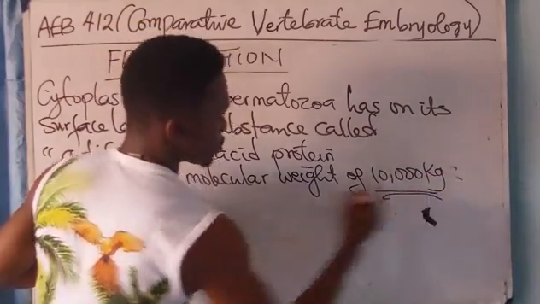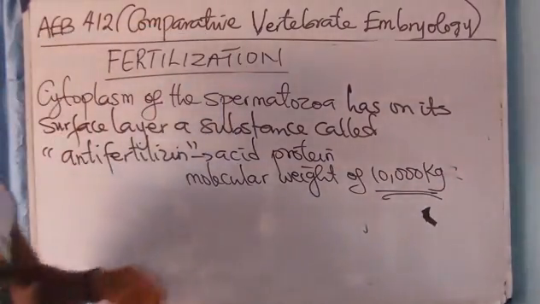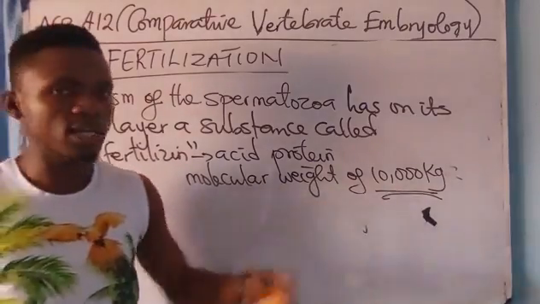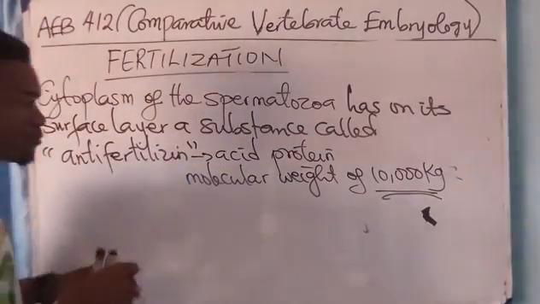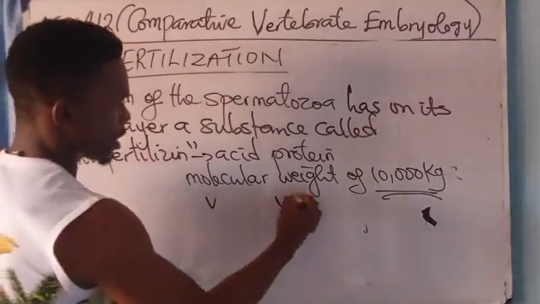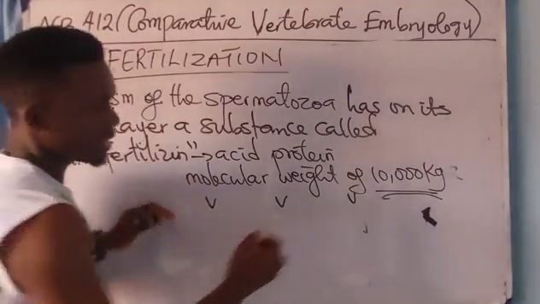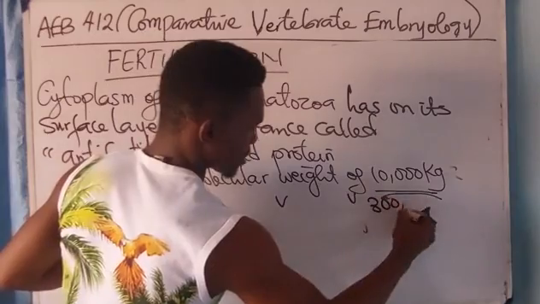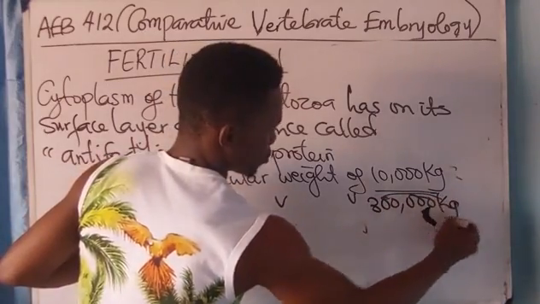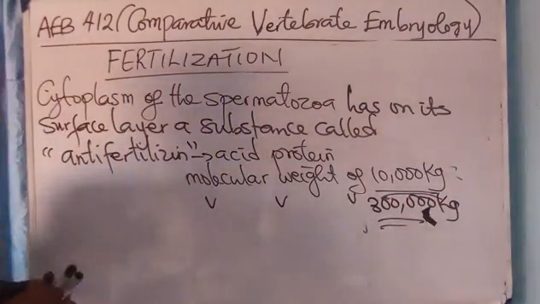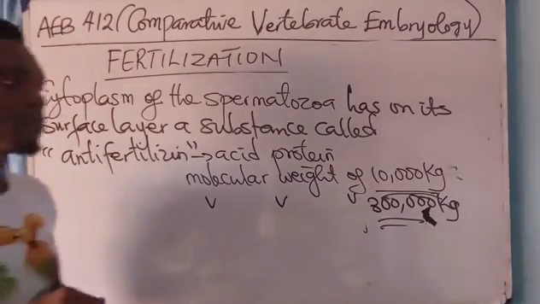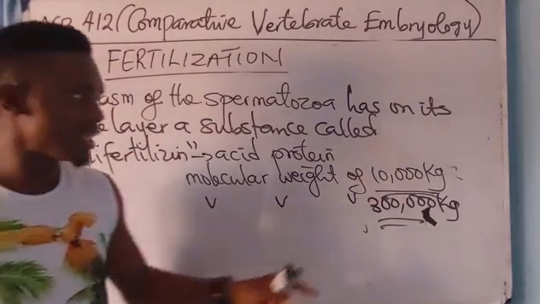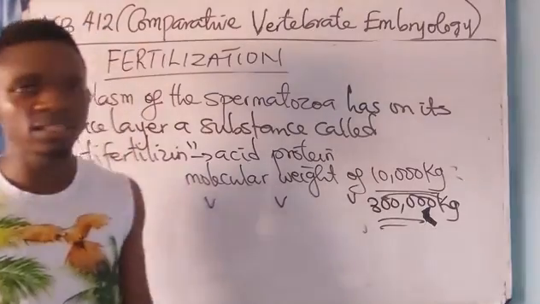So the weight of anti-fertilizin is 10,000. And the molecular weight of fertilizin is 300,000. You can see now that the fertilizin is much heavier than the anti-fertilizin.